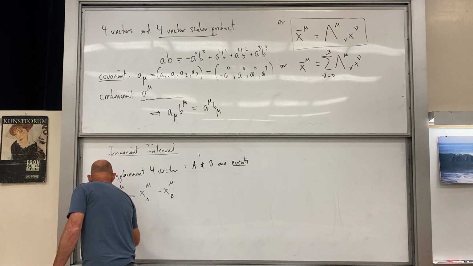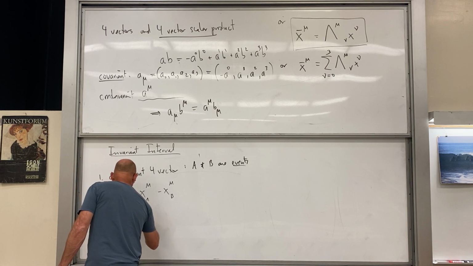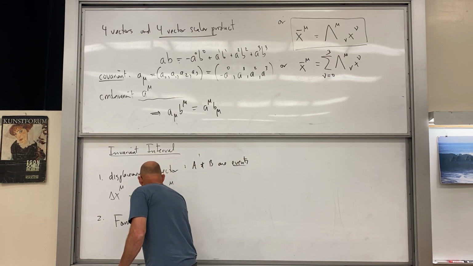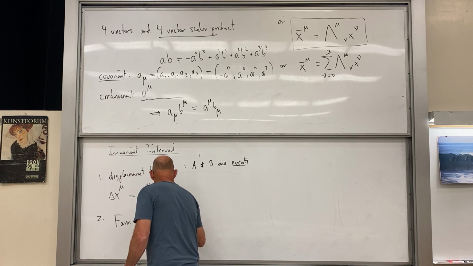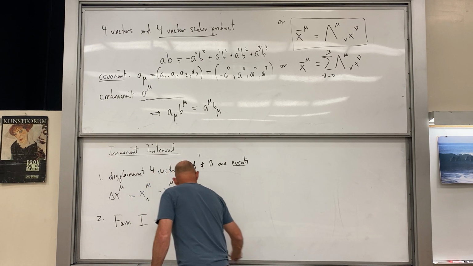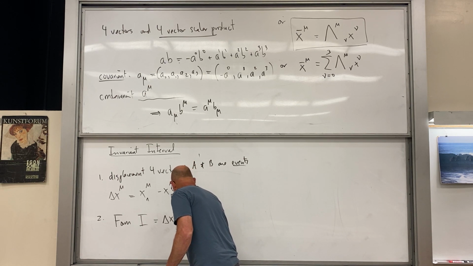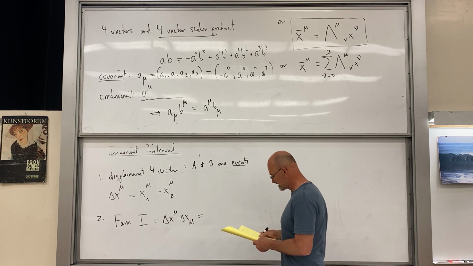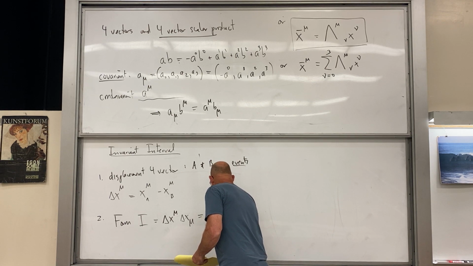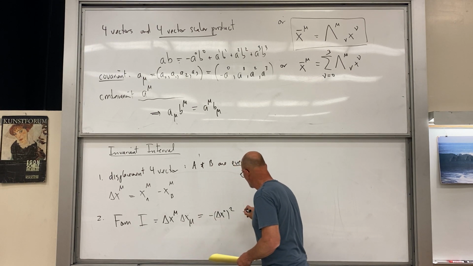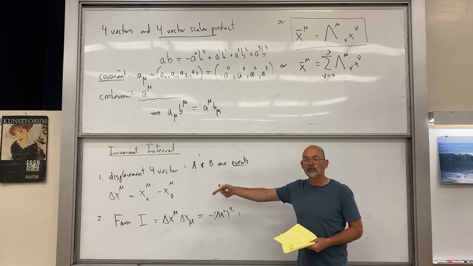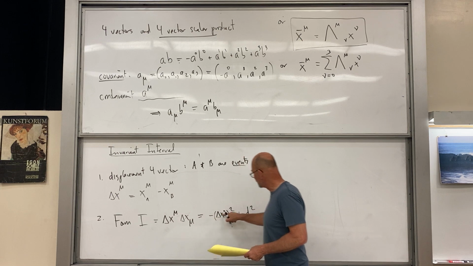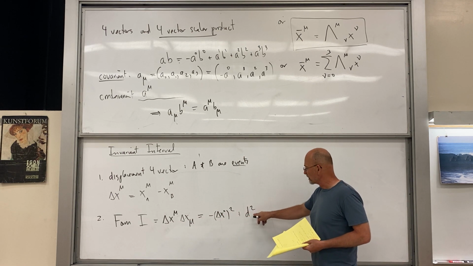Now we're going to form the interval, which is just the scalar product of this with itself. So delta x mu, delta x mu lower index, and there's a time and a space. So we have minus delta x0 squared, and then the x1 squared, x2 squared, x3 squared, we'll just call d squared.